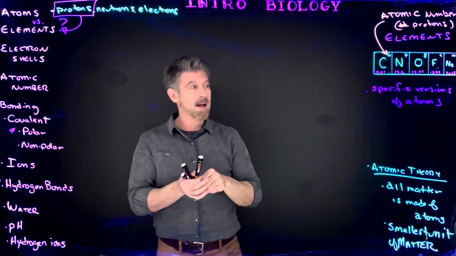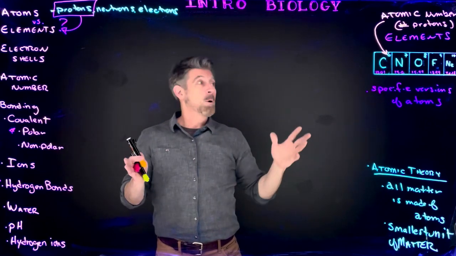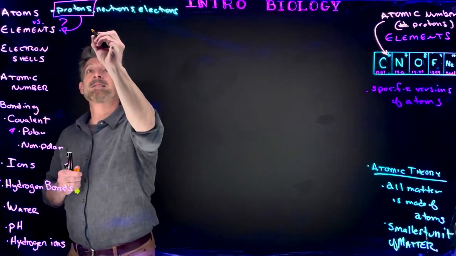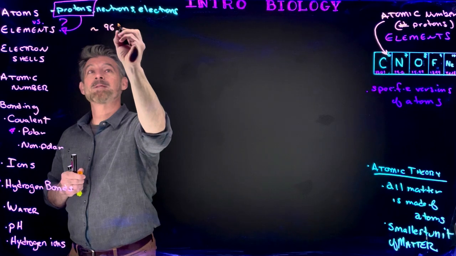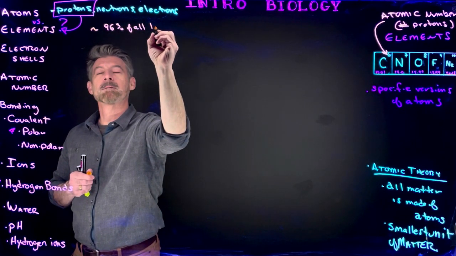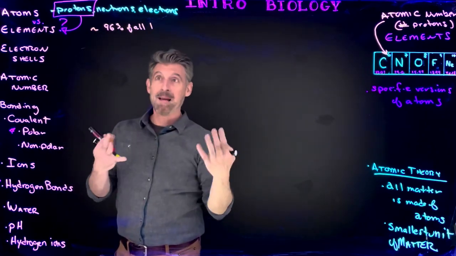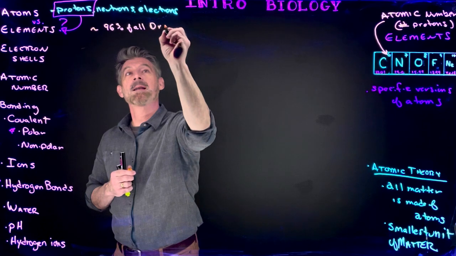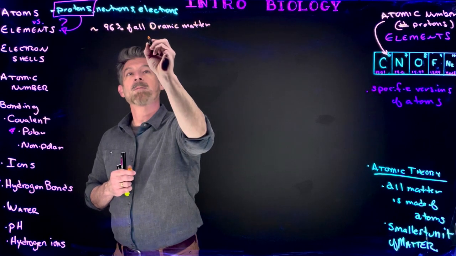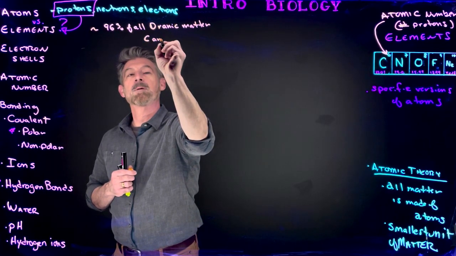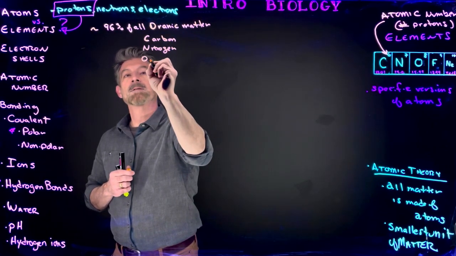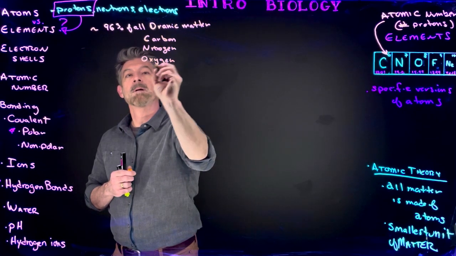So for our class as well, how much of the periodic table do you need to know? Really not a whole lot. What we're going to find is that about 96% of all living things, well, I should say 96% of the matter that makes up all living things, so we'll say organic, because that's making up living things, matter is made up of carbon, so I'll write it out, nitrogen, oxygen, and hydrogen.